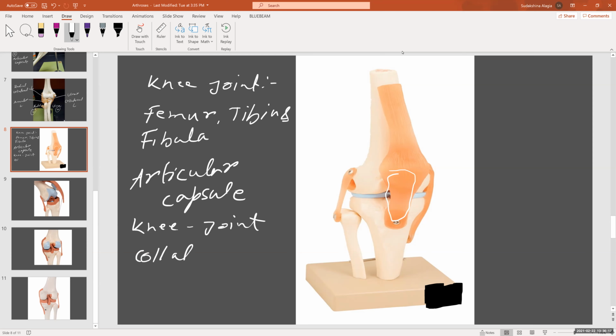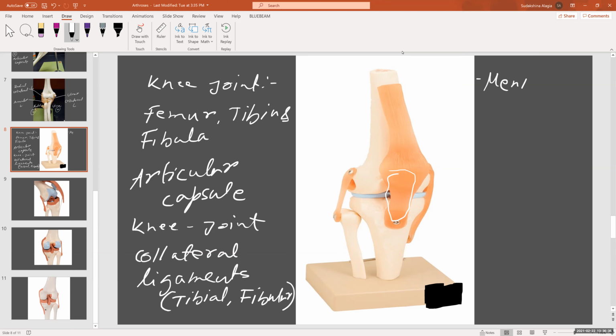We see two collateral ligaments extending between the bones. One is tibial, the other one is fibular. Then we see two menisci, individual meniscus.